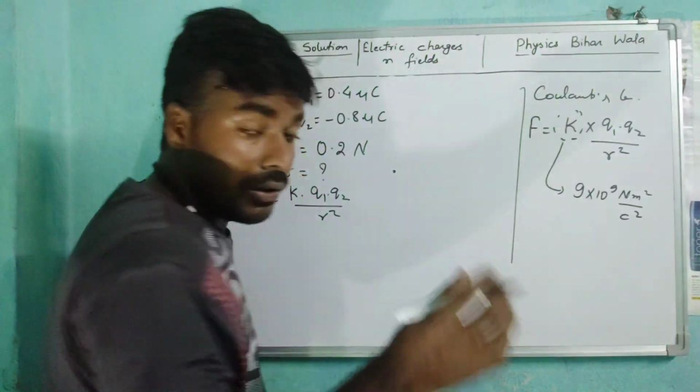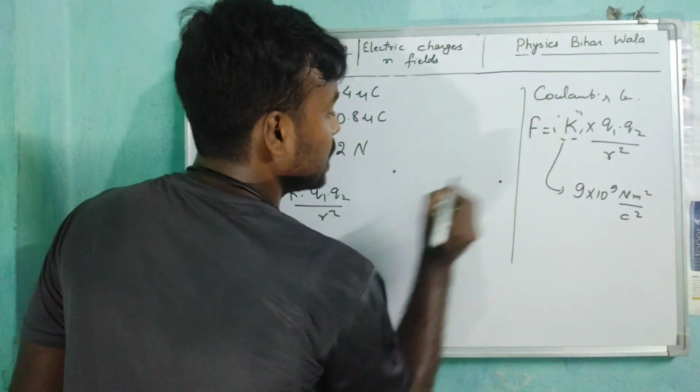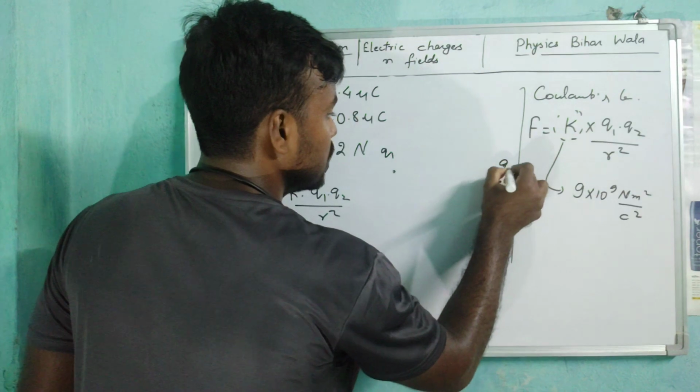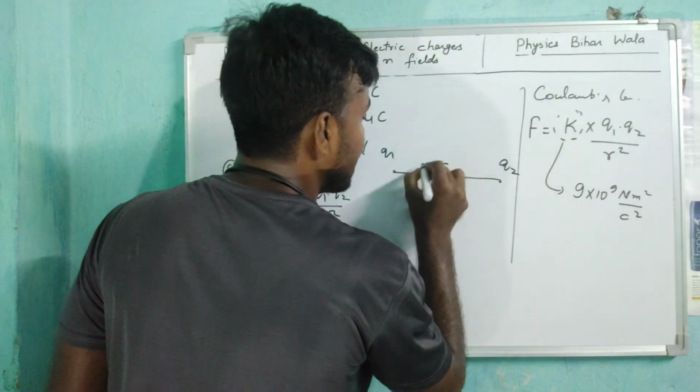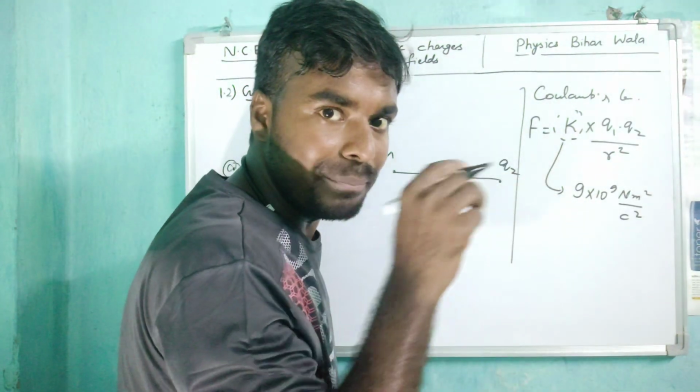First of all, let me draw the diagram. Q1, Q2, and the separation is R, and this very R we have to find.